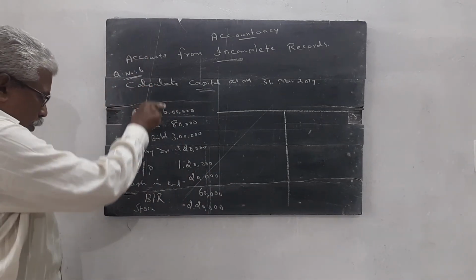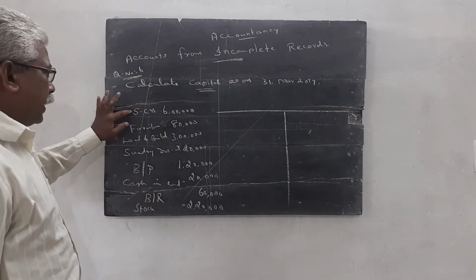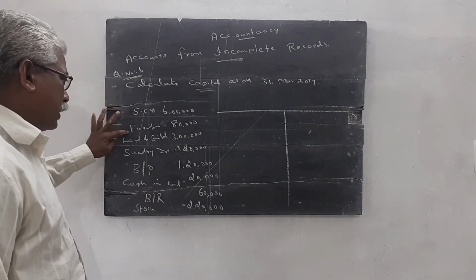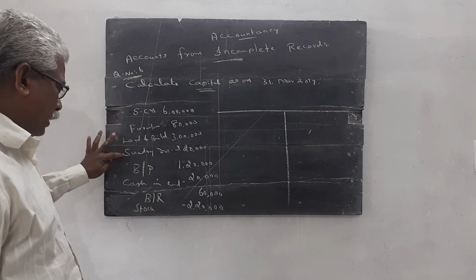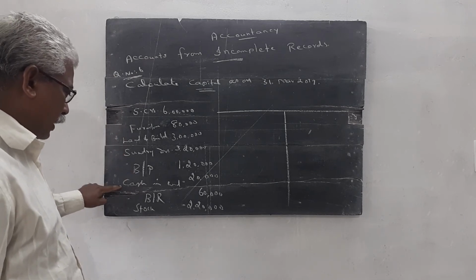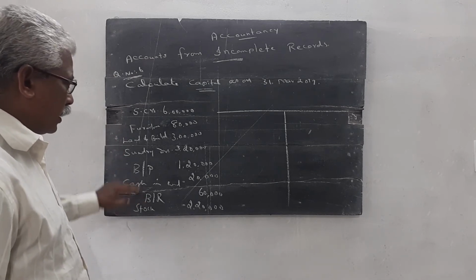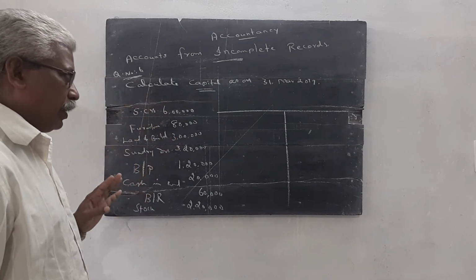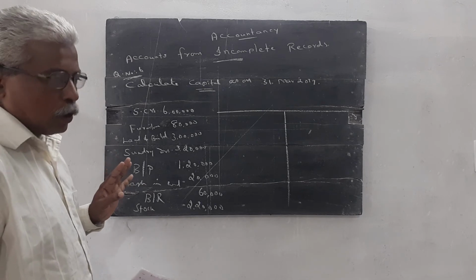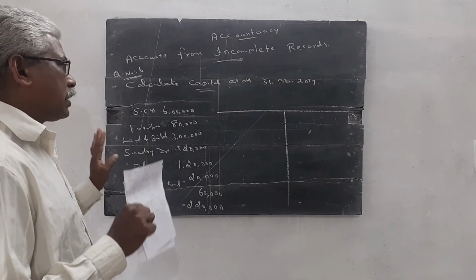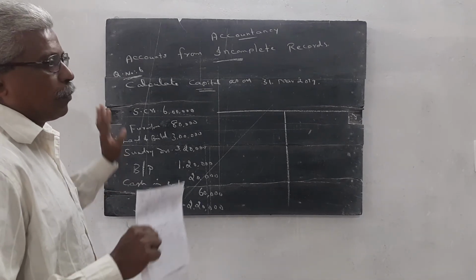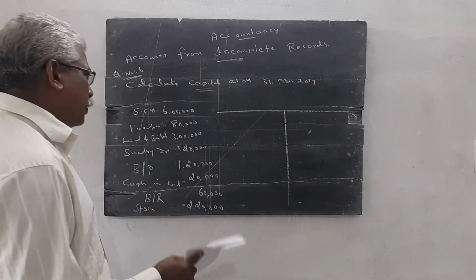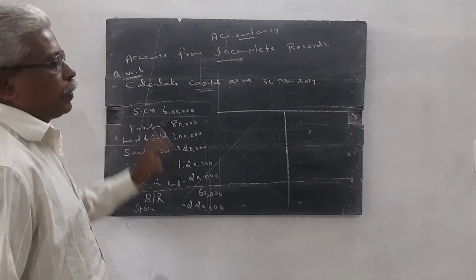Some information is given. Sundry creditors is a liability, furniture is an asset, cash in hand asset, bills receivable asset, stock asset. Some assets and liabilities are given. The difference between assets and liabilities is called capital.